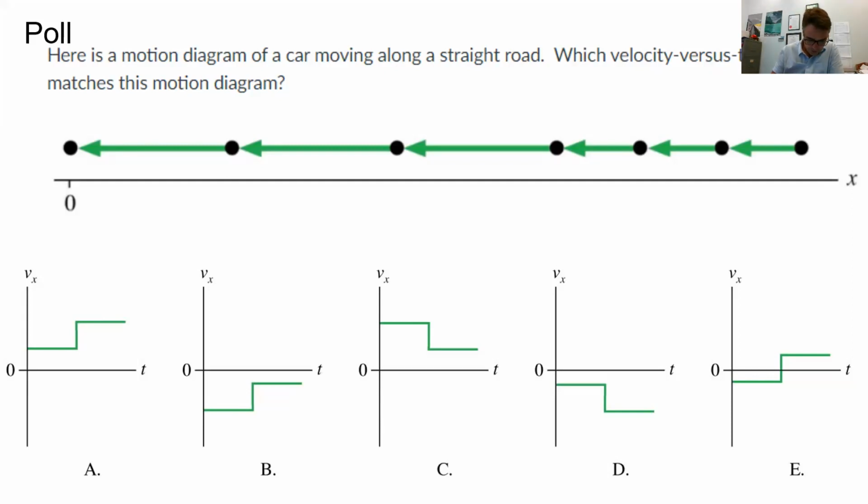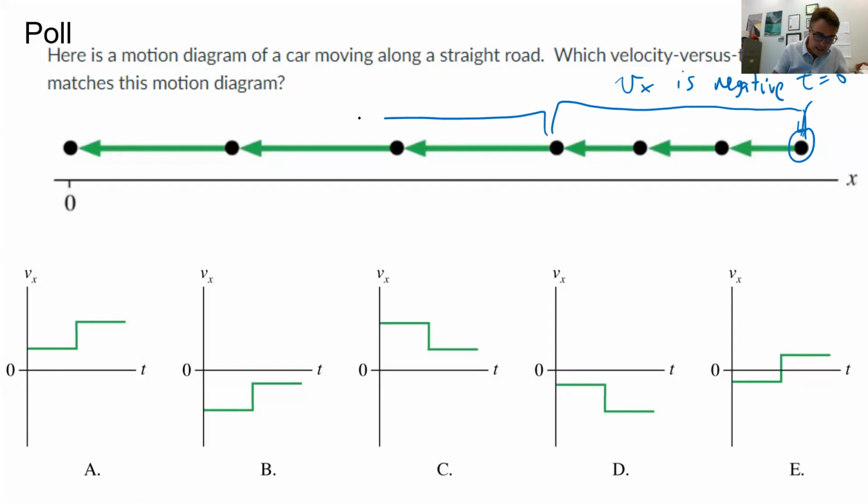Since it's going from right to left, it looks like right here is where t equals 0. That's my feeling. Then for these first few seconds, or milliseconds, or some fraction of some time unit, Vx is negative.